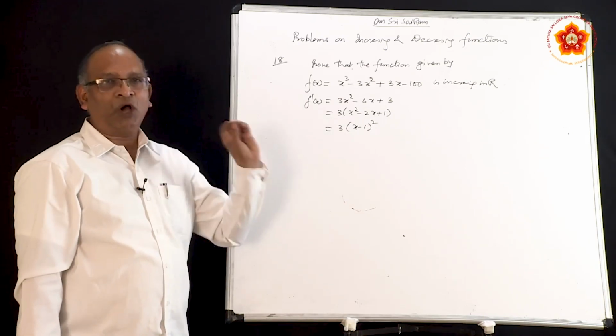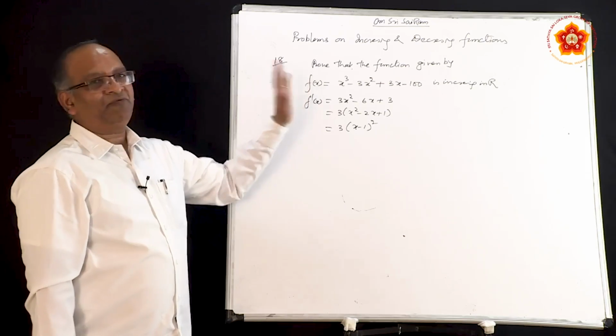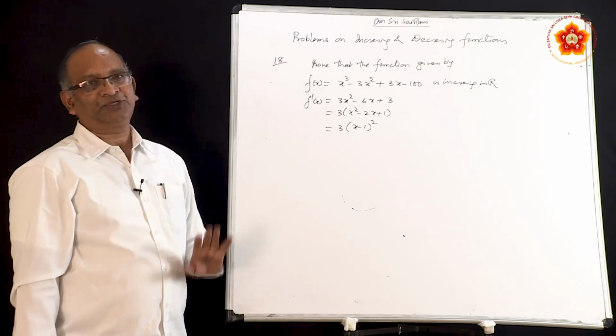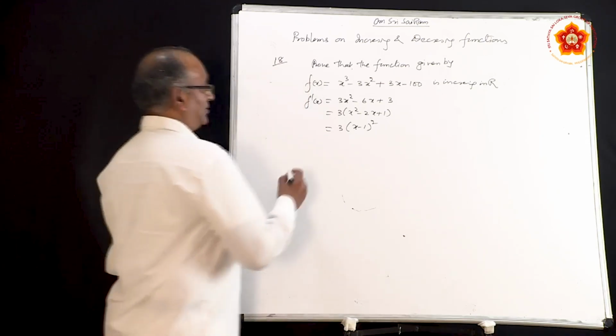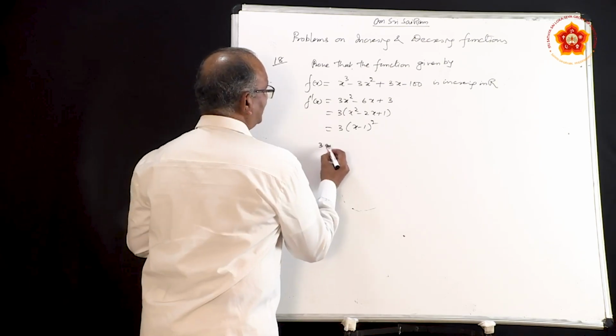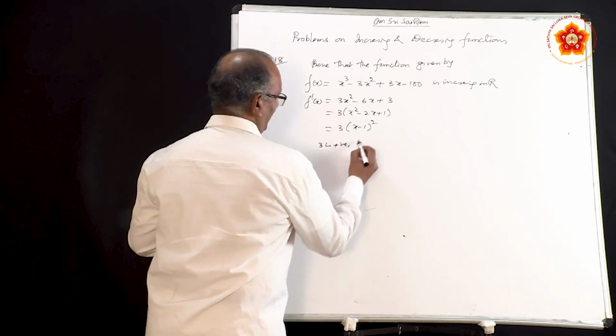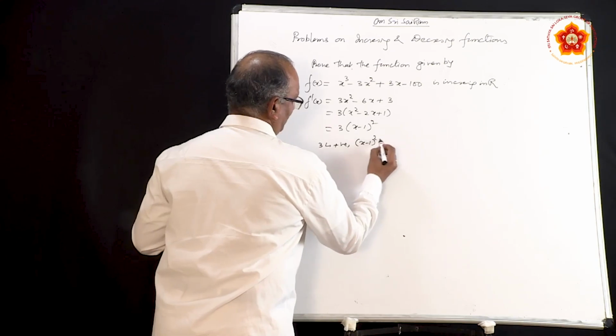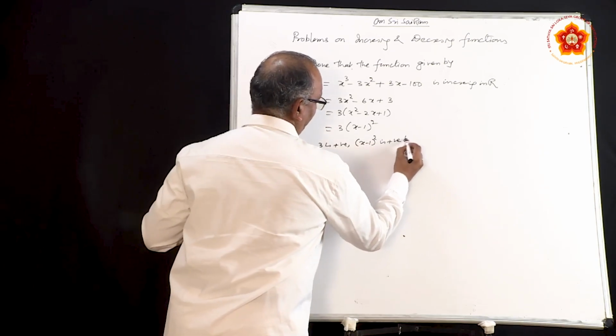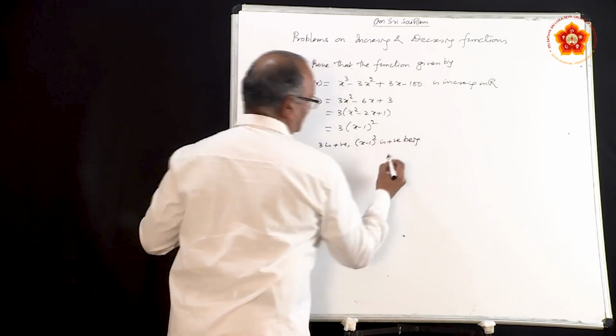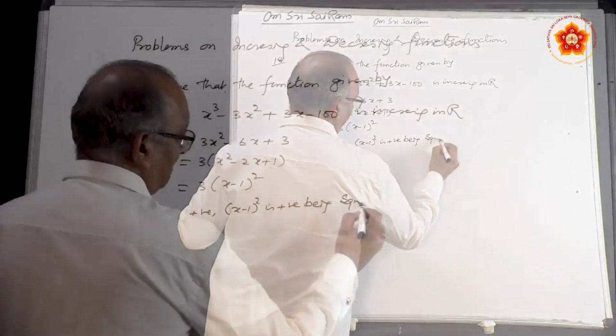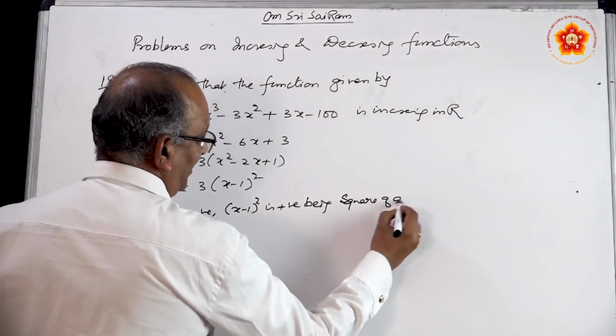So, the function is always increasing for any real number. So, this is the conclusion. 3 is positive, x minus 1 whole square is positive, being square of a number.